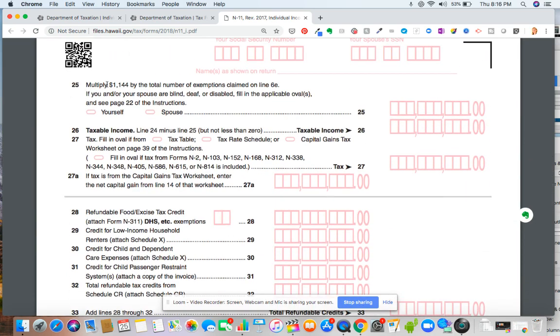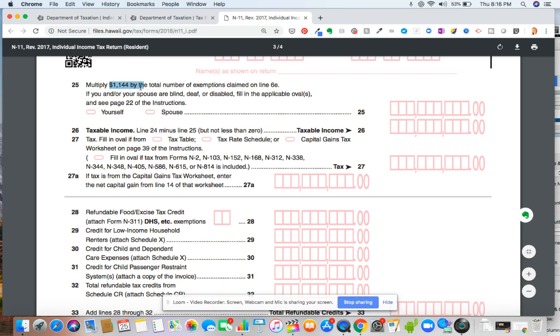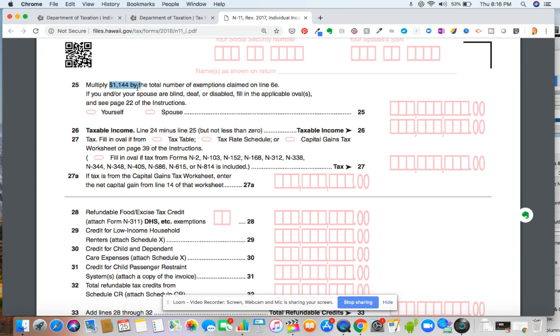Okay, so for Hawaii, we get $1,144 as a personal exemption. And what this means is that everyone gets that as a deduction. And if someone qualifies as a dependent, then you get to take their $1,144 personal exemption. Now, they still might need to file a tax return.